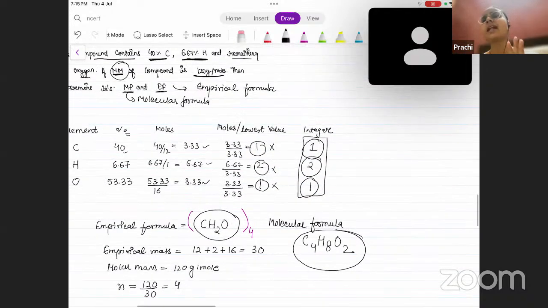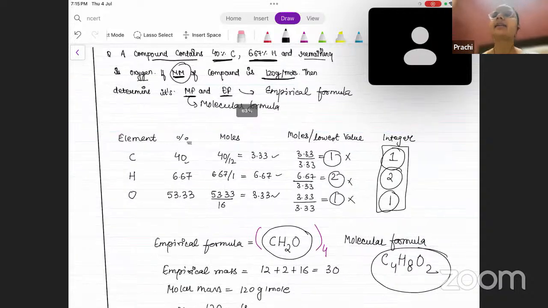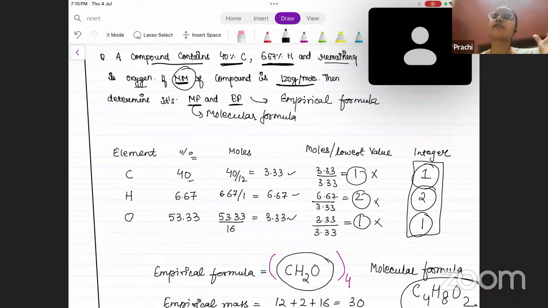But this is the standard procedure to find the empirical formula if we have the percentage composition of a compound. There can be a variety of numericals, like instead of giving percentage, they can give mass percent, and there are many other ways in which they will give you the problem, but the procedure remains the same.